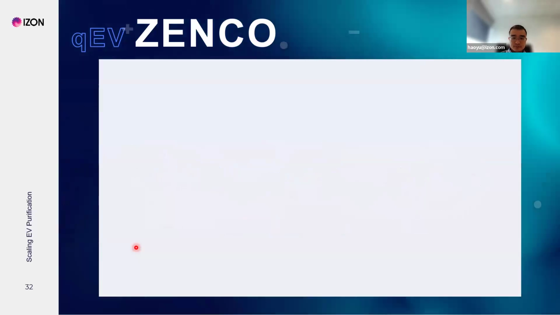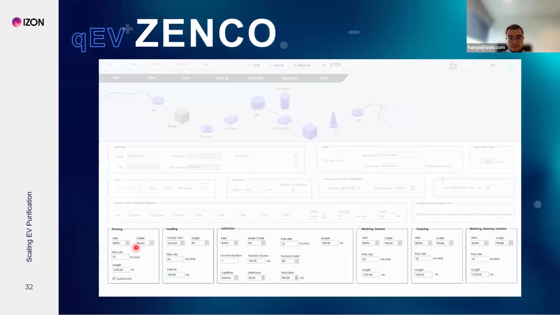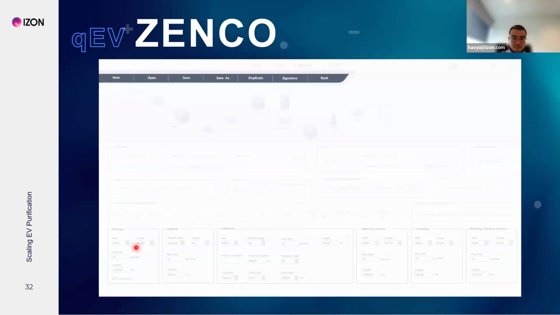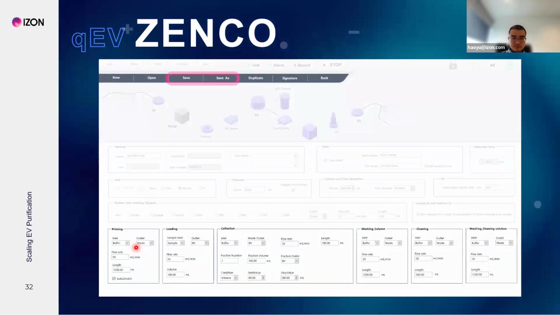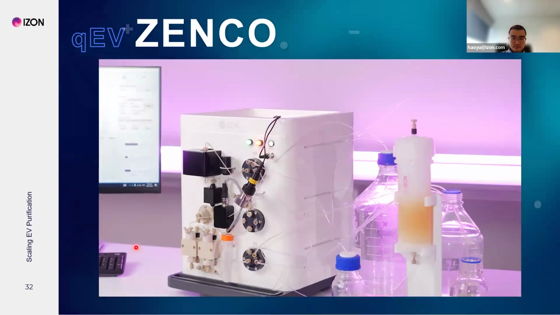When setting up your method, you have precise control over multiple parameters, which are accessible here. Priming, loading, collection and cleaning processes can be configured at this stage too. You can also save and import method setups for future runs, saving valuable time. Let's follow a run through a QEV 100 70nm column.